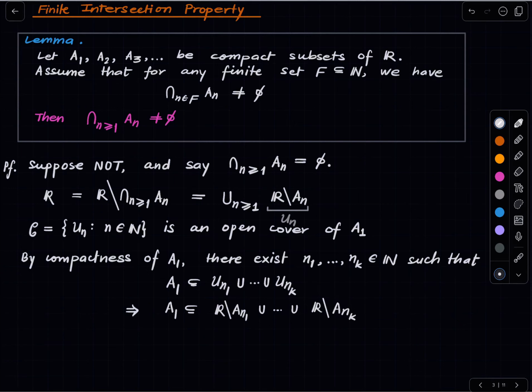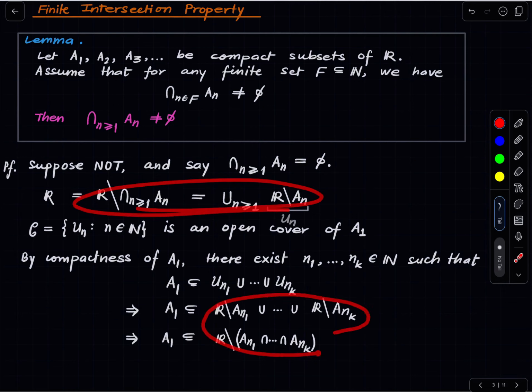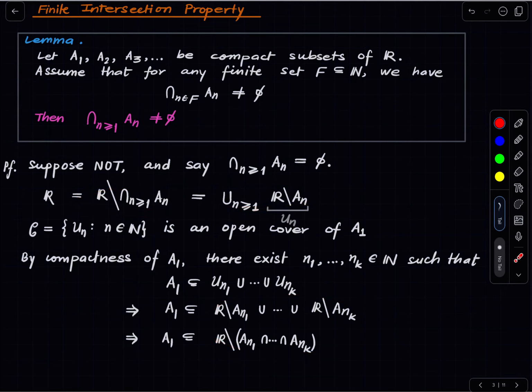But again, we use the set theoretic fact that the union of the complements is the complement of the intersection. This is what we used earlier; this equation and that equation are from the same principle. But then we would have A1 intersected with all these sets being empty.